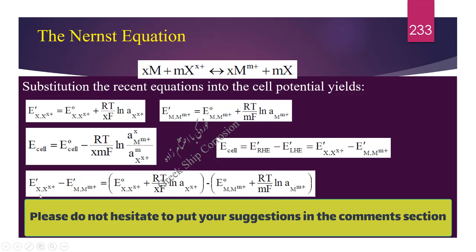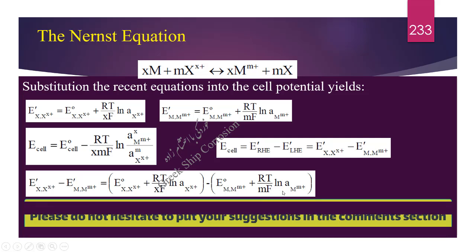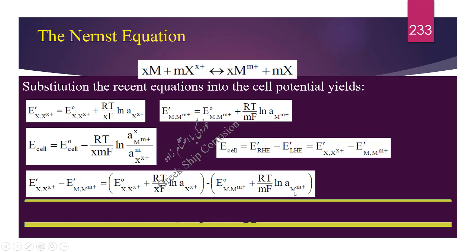Therefore, E prime X^(x+) minus E prime M^(n+) equals E naught X^(x+) plus RT over x times F ln the activity of X^(x+) minus E naught M^(n+) plus RT over m times F ln the activity of M^(n+).